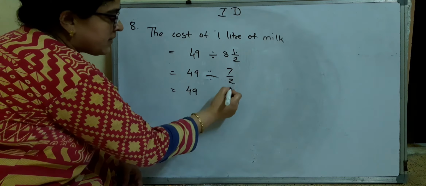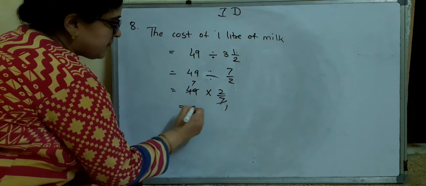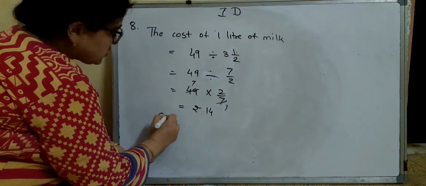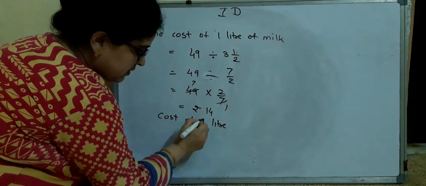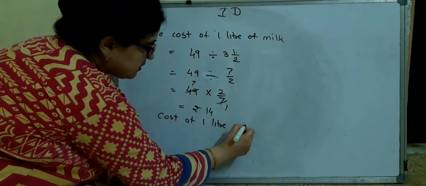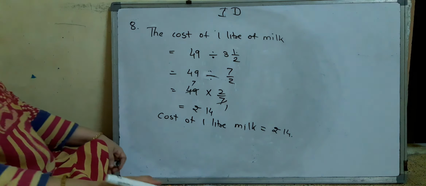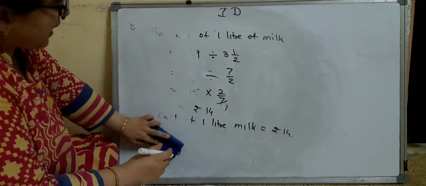Now the reciprocal of 7 upon 2 is 2 upon 7. 7 ones are 7, 7 sevens are 49. The answer is 14 rupees. So the cost of 1 liter of milk is equal to rupees 14. 8th sum complete. Now 9.